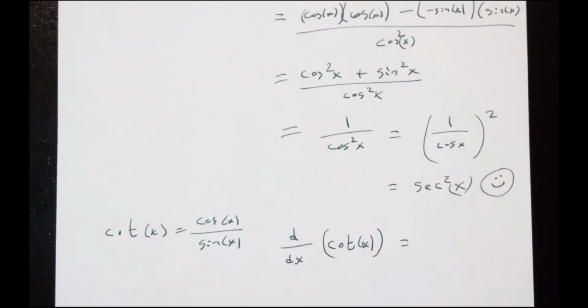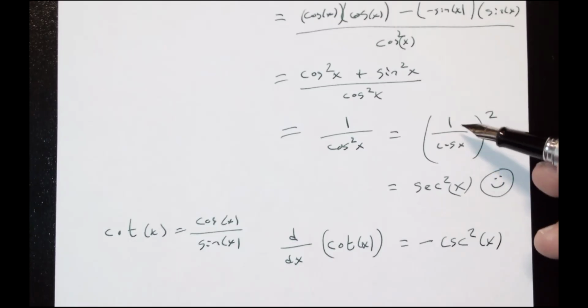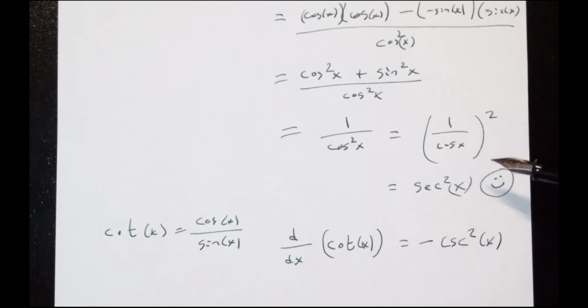With, again, a similar amount of work, where do I finish? Because I end up with -1 over sine squared. Secant is 1 over cosine.